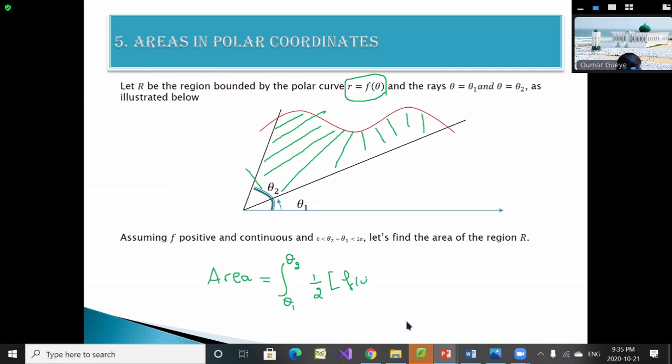The f of theta is the equation of the polar curve, and you guys have to square it and integrate with respect to theta.